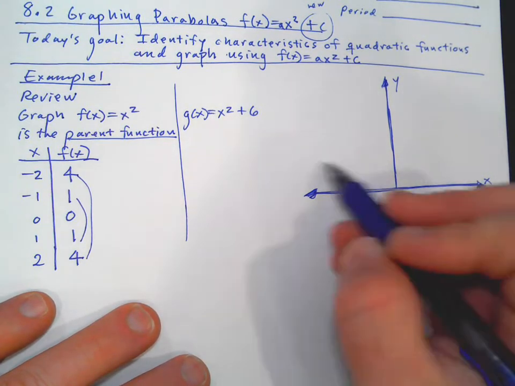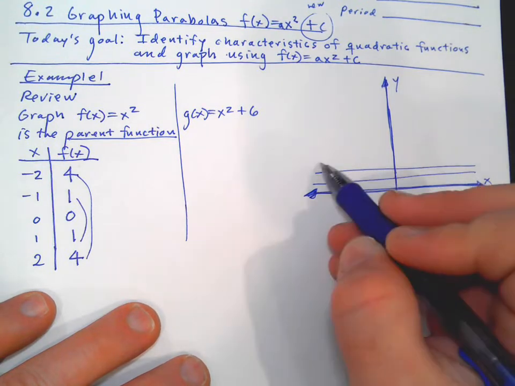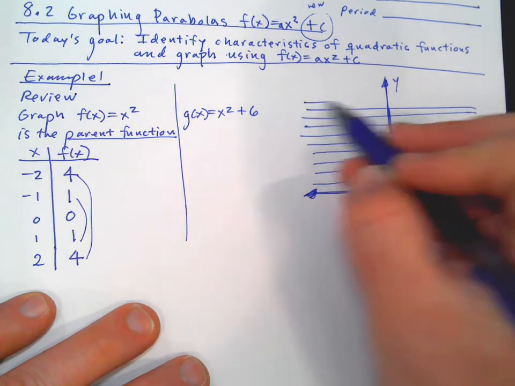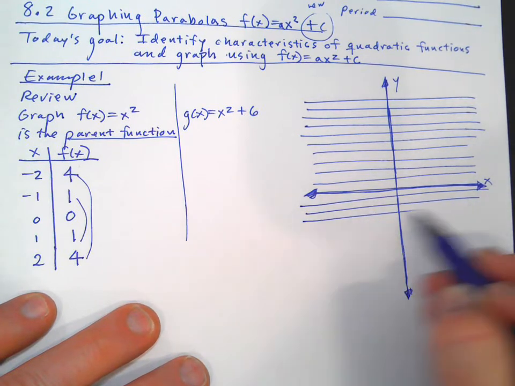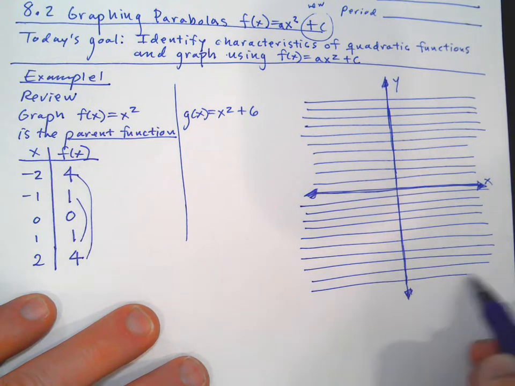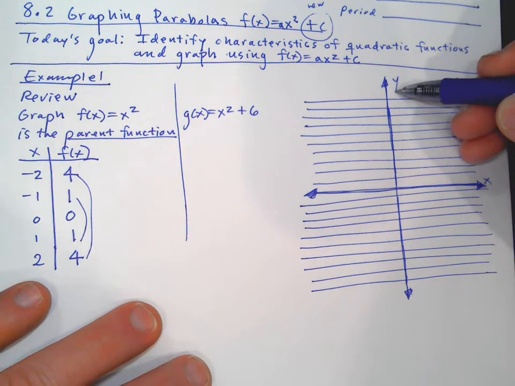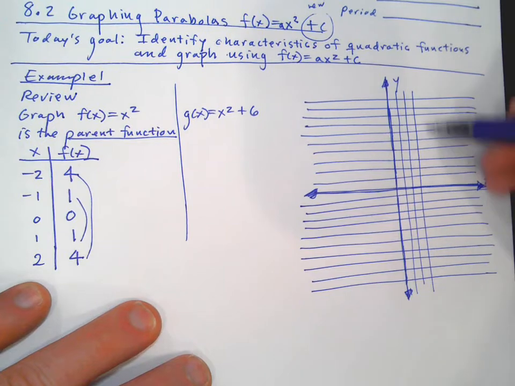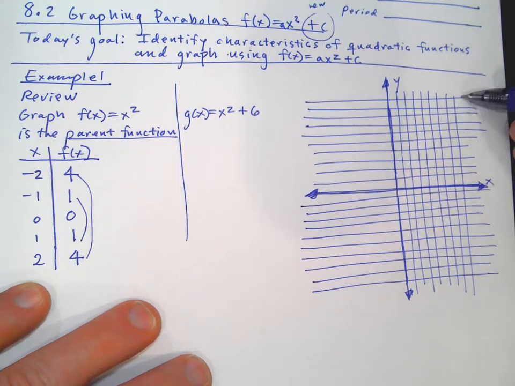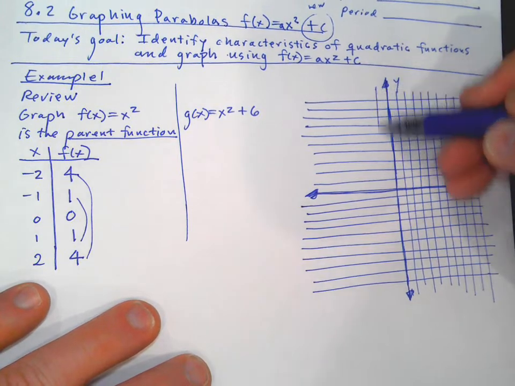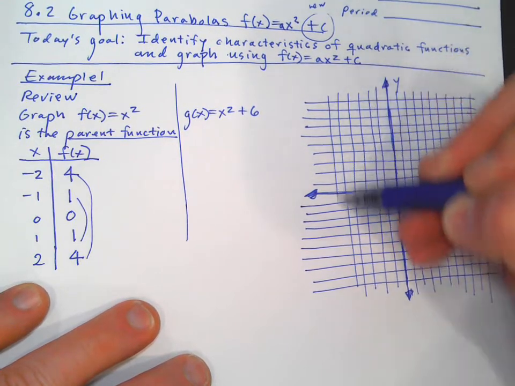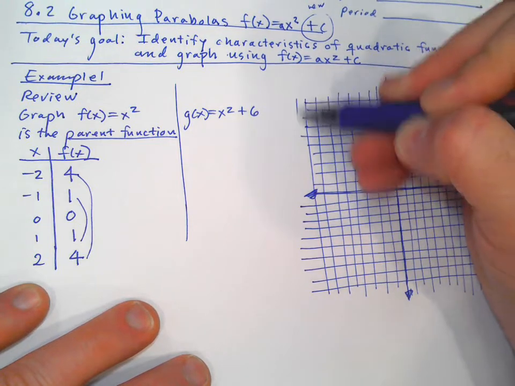So I'm going to try and draw straight lines that are kind of equally spaced. 1, 2, 3, 4, 5, 6, 7, 8, 9, 10, in each direction. I'm just doing 10 in each direction.